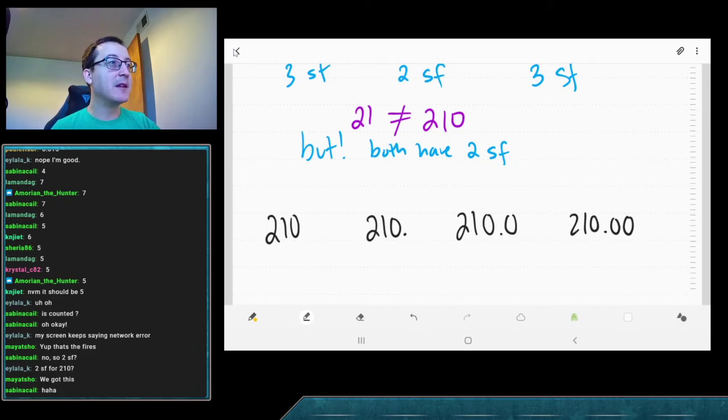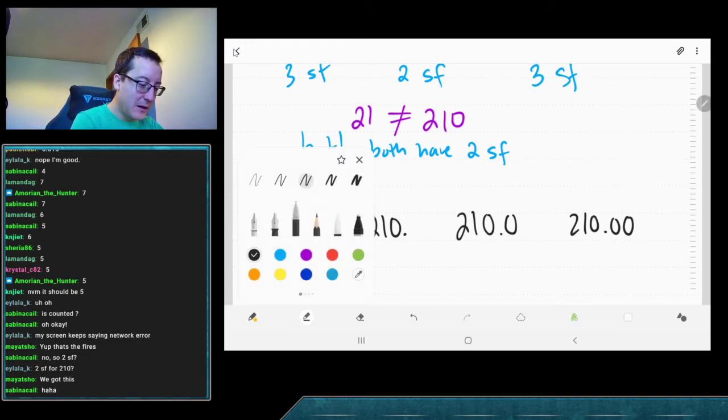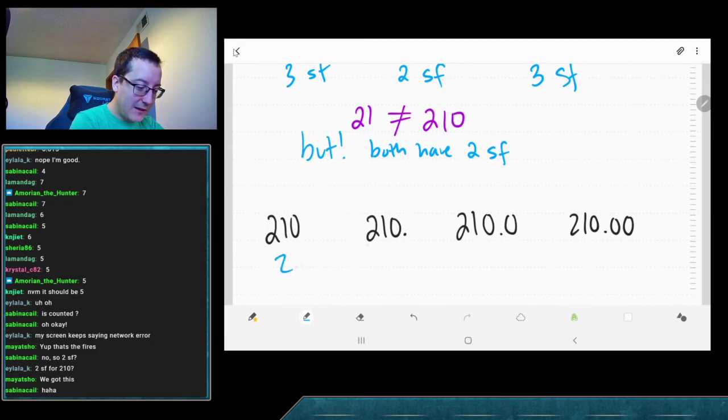No problem. However, each of these has a different number of sig figs. And so, while mathematically they're the same, the one on the right, the 210.00, is a much more precise measurement. So that number must have come from something where we could see exactly where those zeros were. So these will matter. We'll have 2 sig figs, 3 sig figs, 4 sig figs, 5 sig figs. Exactly the same number, but different numbers of sig figs.